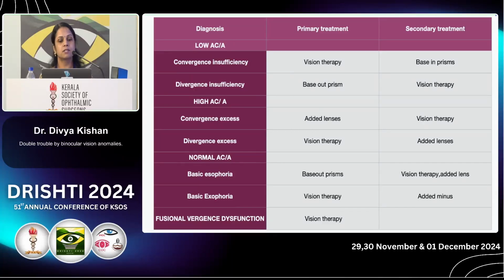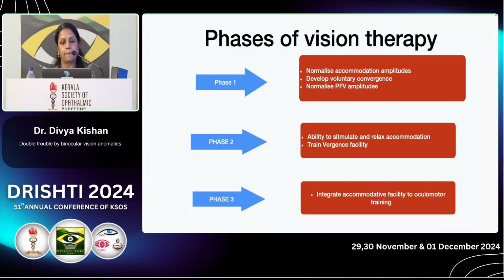Now, what are the treatment modalities that we have? Based on the conditions that we said, we can either have vision therapy, or you can use prisms, or you can have added lenses. The phases of vision therapy: phase 1 is to normalize the accommodation amplitudes, develop voluntary convergence, and normalize the positive fusional vergence. In phase 2, it is the ability to stimulate and relax accommodation and train the vergence facility.